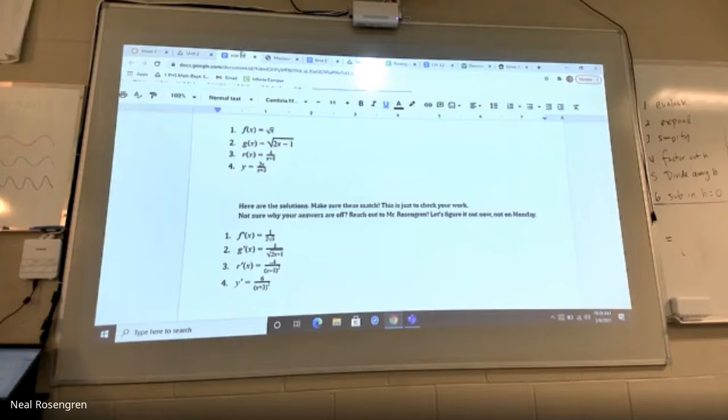But quickly backing up to Friday or this weekend, if you worked on it this weekend, how did this go? This whole limit definition, we're working through this stuff really quickly.